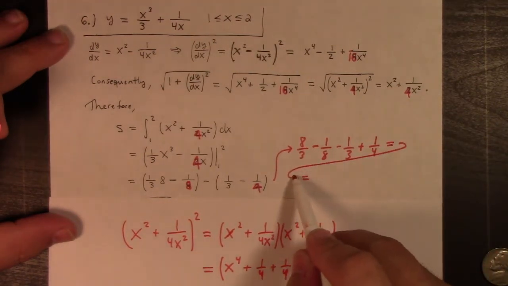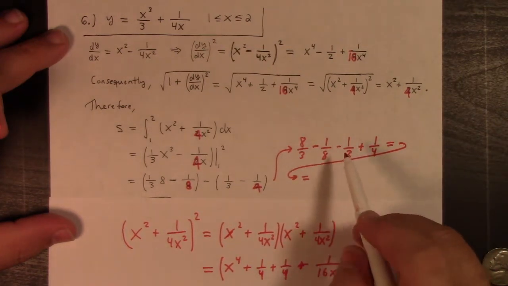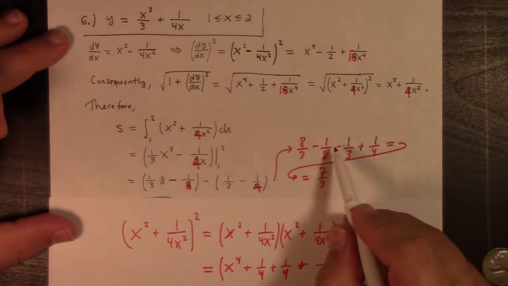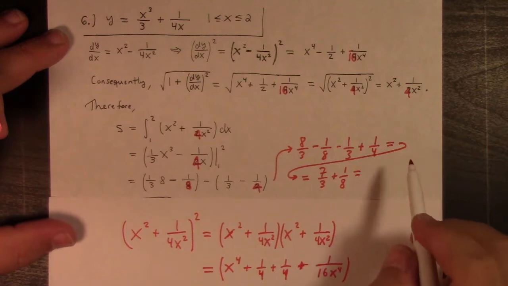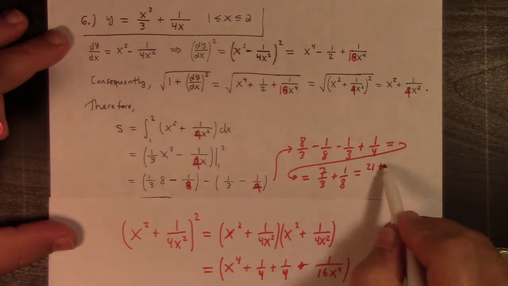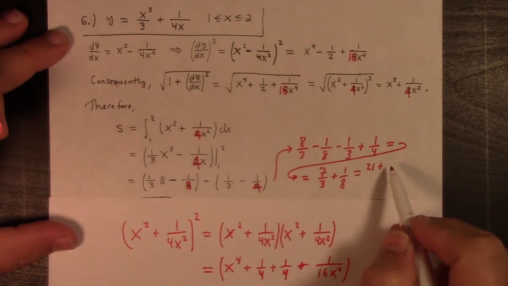Let's see here. What's that work out to? 8 minus 1 is 7/3. And this is 2/8, so that's plus 1/8, right? So I'll make a common denominator of 24. We get 21 plus... oh, wait a minute.